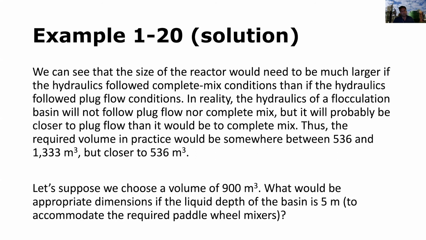Therefore, we know based on our calculations that the required volume has to be somewhere between 536 and 1,333. But if we design a reactor that's closer to approximating plug flow conditions, we can assume that the volume needed would be a little bit closer to 536 rather than 1,333.